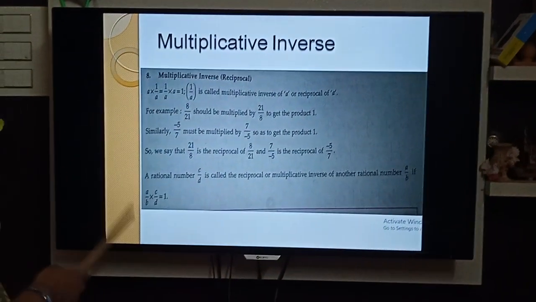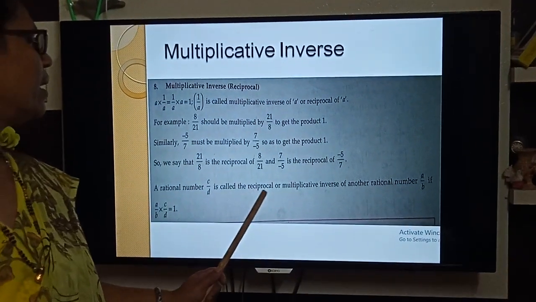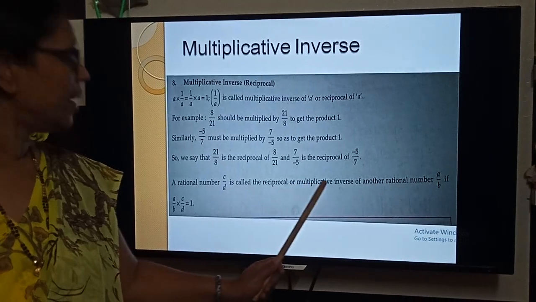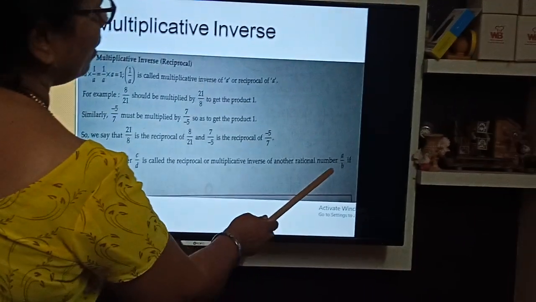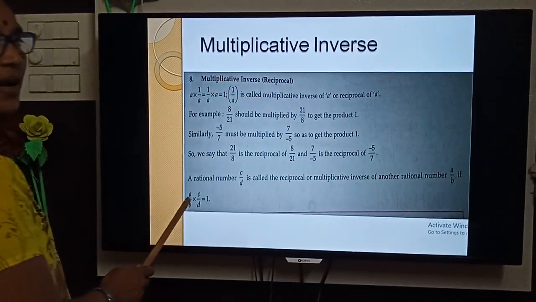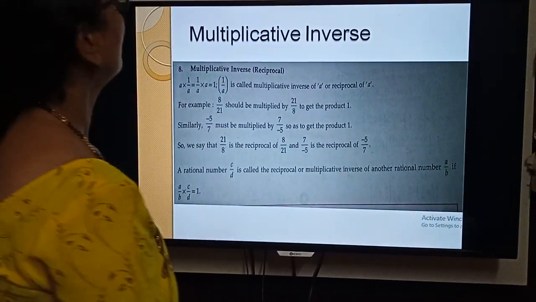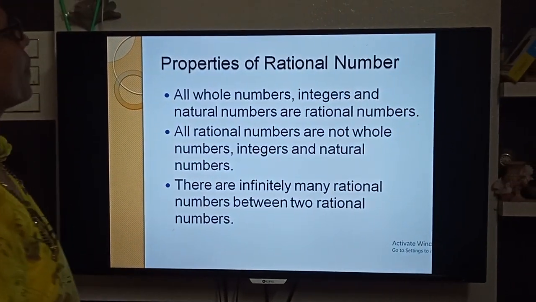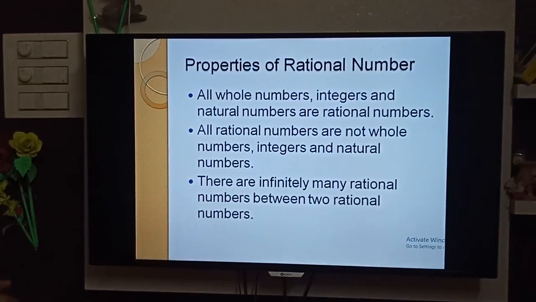Okay, this is called a rational number. c by d is called the reciprocal or multiplicative inverse of another rational number a by b if the product of those two equals 1. Fine. Next, properties of rational numbers.